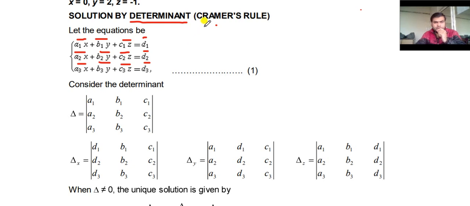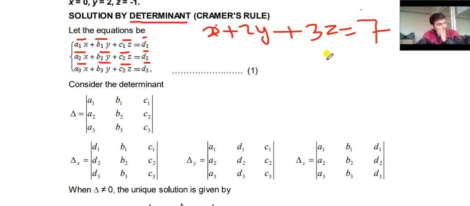So I will show you a linear equation. Suppose x plus 2y plus 3z is equal to 7.